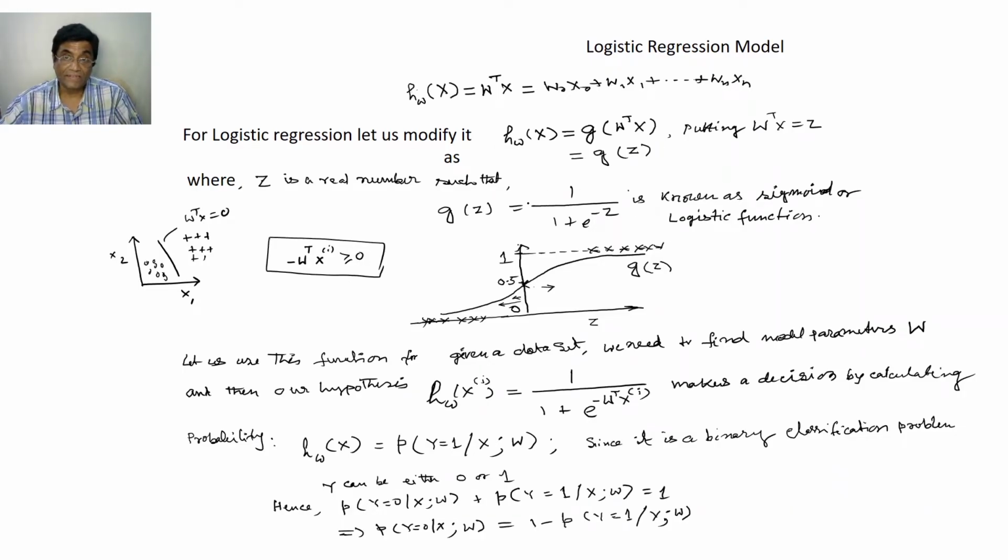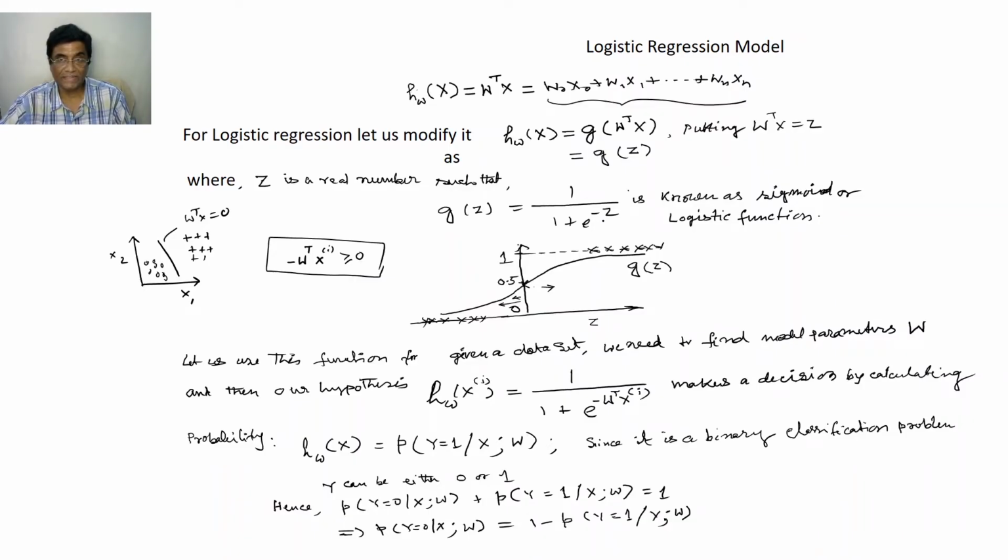So this is the function we have brought, and we have encapsulated our raw hypothesis which we designed in linear regression inside that function, so that now we have a restriction. The function value can only lie between 0 and 1.